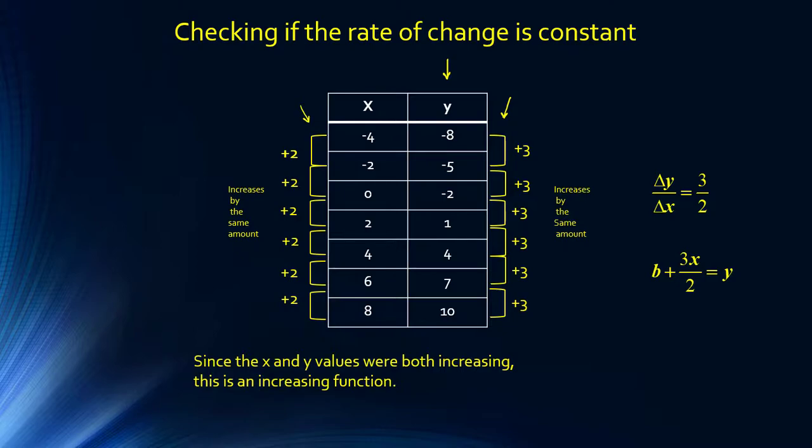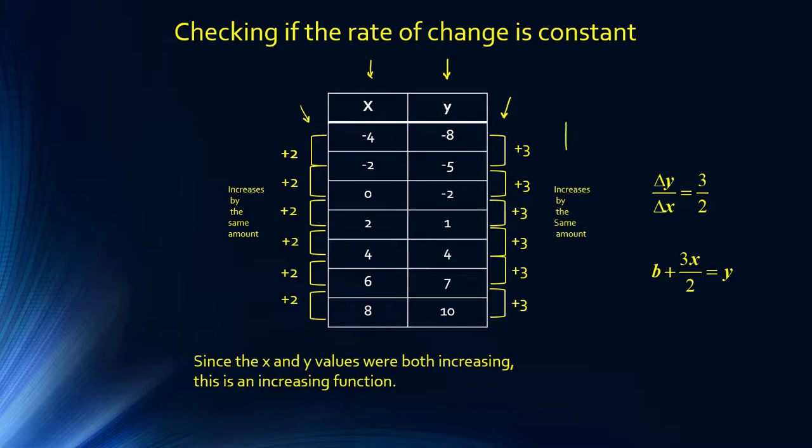And then looking at the x side of the table, we go from -4 to -2. That means we added 2 to -4. As we go from -2 to 0, once again we added 2. And as we progress through the table, you'll see that the next point is acquired by adding 2 to the previous point.